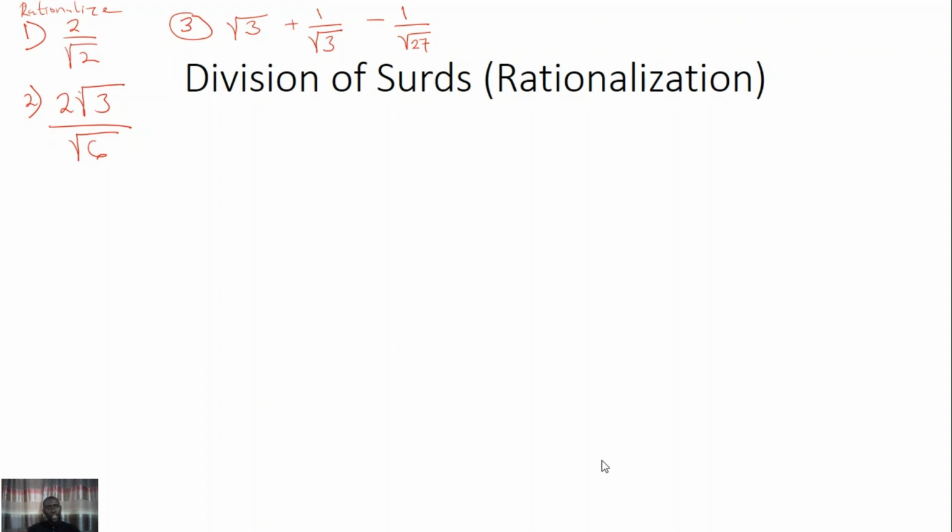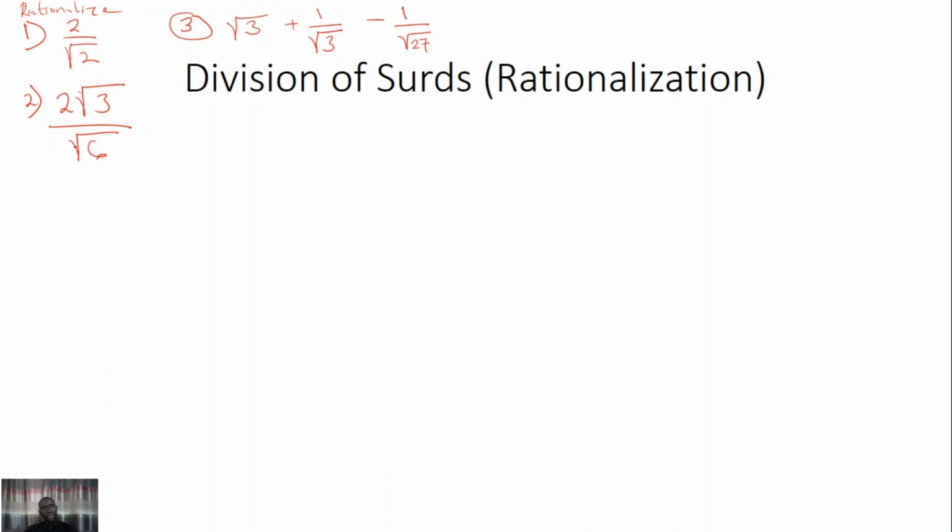When you have a fraction that has surds as its denominator, it's very important to rationalize that fraction because it makes it easier for you to do your calculation. I'll be explaining what rationalization of surds is using these exercises as examples.